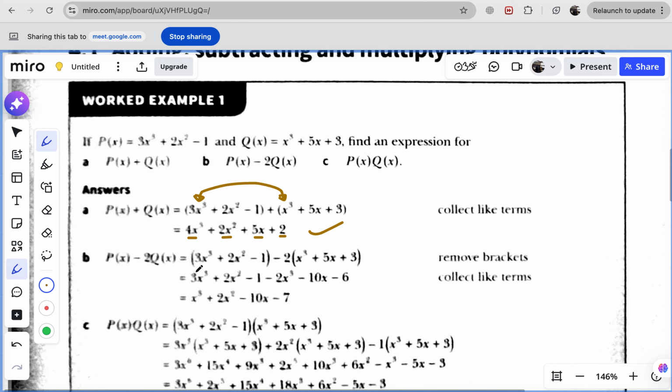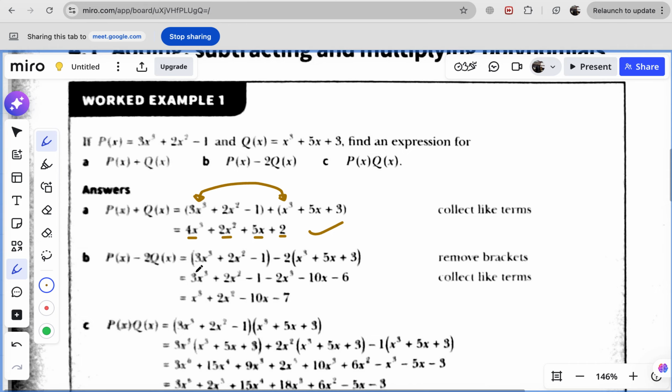Then we are done expanding this bracket, using this to multiply everything inside this bracket. We go to the last phase, which is using the constant to multiply everything in the bracket. Minus 1 times x to the power of 3, you get minus x to the power of 3. This one will just change everything to negative. Minus 1 times 5x will become minus 5x.